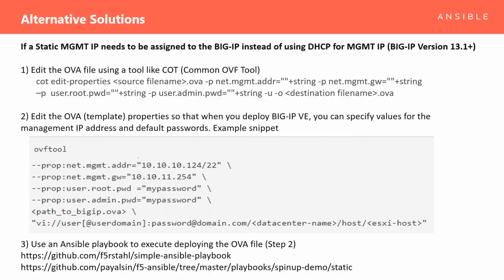Your step 1 is more of a one-time effort where you edit the properties of your OVA file, and then you can use an Ansible playbook to deploy this OVA template and pass in the different parameters. So this is one way of assigning a static management IP to the BIG-IP. There are example playbooks placed at the link mentioned in step 3.